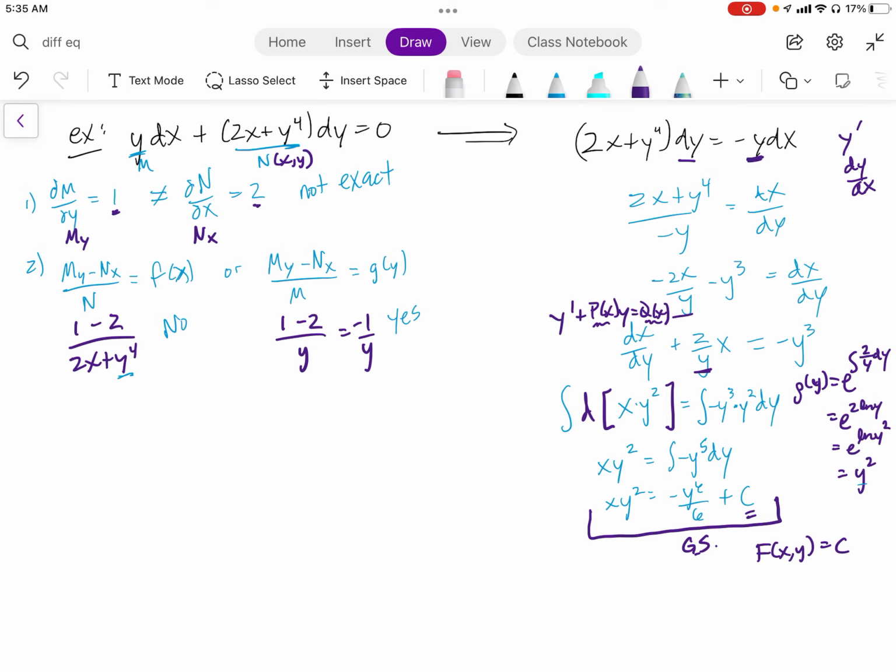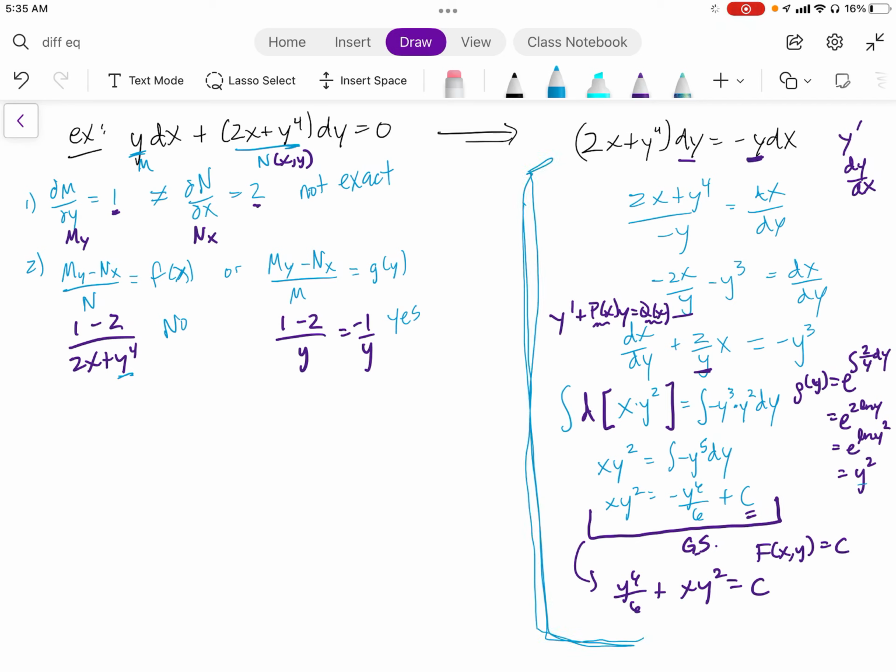So we could compare at the end, but y to the 6 over 6 plus xy squared equals c maybe. Okay. I think you will see this process would be preferred if you can manipulate that differential equation, so it might be worth a minute to try that.